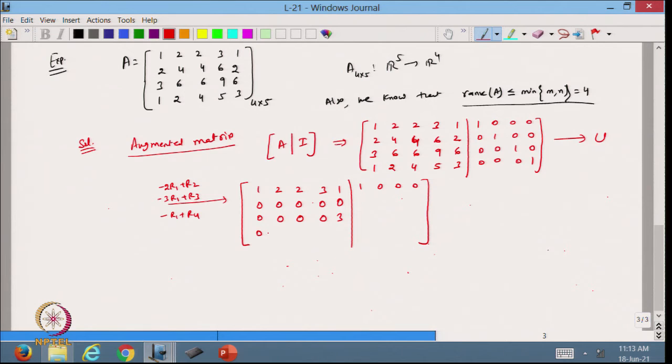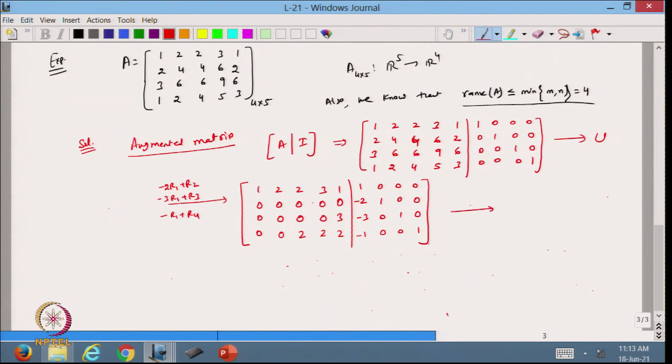In the fourth row, minus 1 plus 2 and minus 2 plus 4 give 0, and 2 2 2. For the identity part, I am multiplying the first row by minus 2 and adding, so it will be minus 2 1 0 0. Then minus 3 0 1 0, and minus 1 added into R4 gives minus 1 0 0 1.